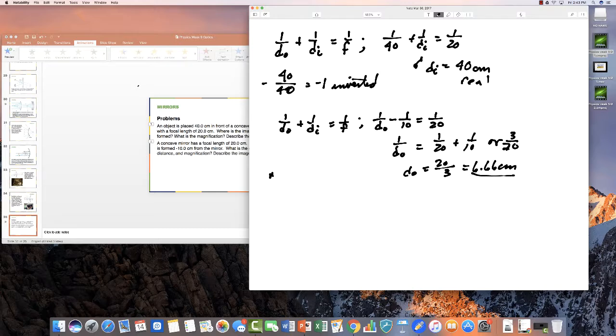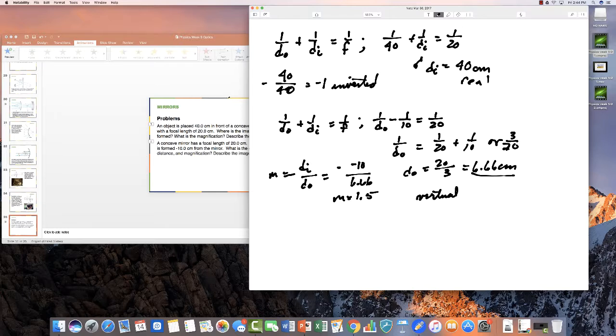The magnification is minus di divided by d0. So that's minus minus 10 divided by 6.66. So m is going to be a positive 1.5. Because di is negative, it's going to be a virtual image.